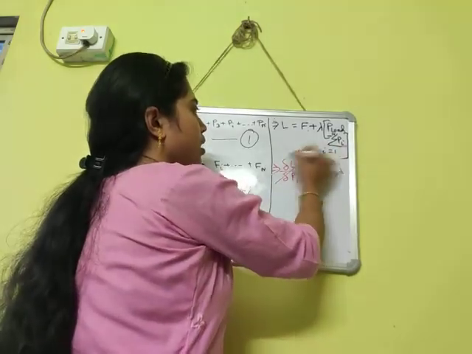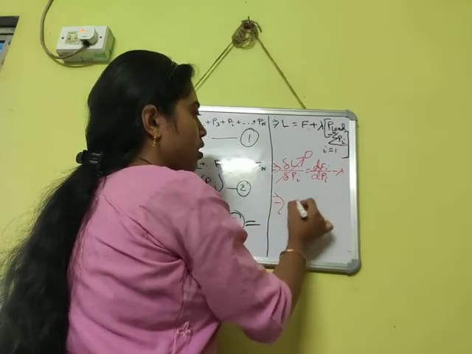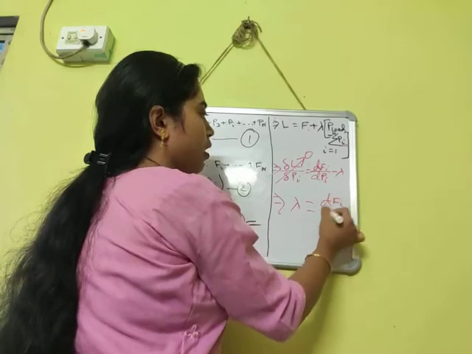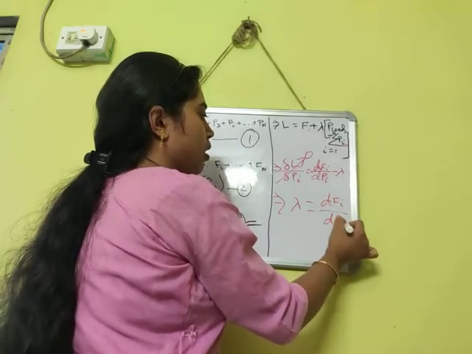As that partial derivative is 0, it becomes lambda equals dFi by dPi.